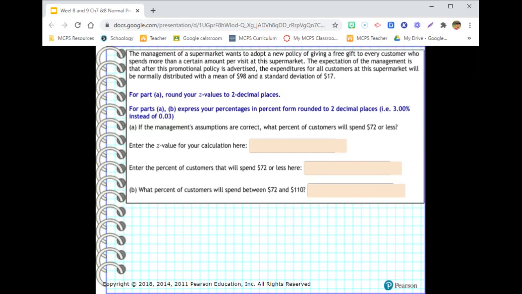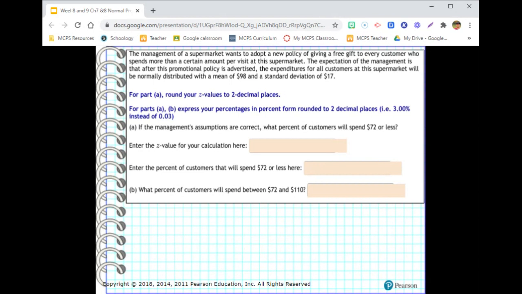Enter the percent of customers that will spend $72 or less. In symbols, that's the probability of Z less than 72. Second vars, normal CDF. Your lower is the negative 199 or the negative 999.